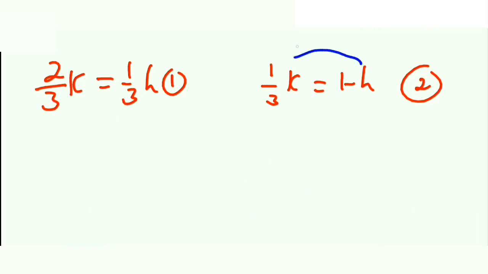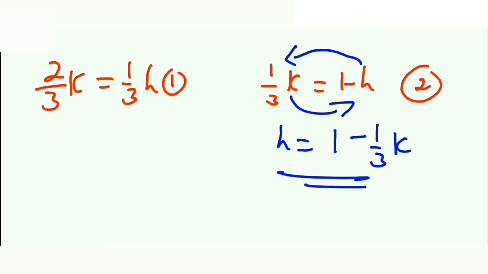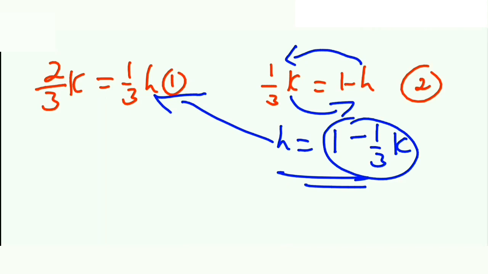So H equals 1 minus 1/3 K. Then we have to substitute this value for H in equation 1. You have to substitute 1 minus 1/3 K for H in equation 1.